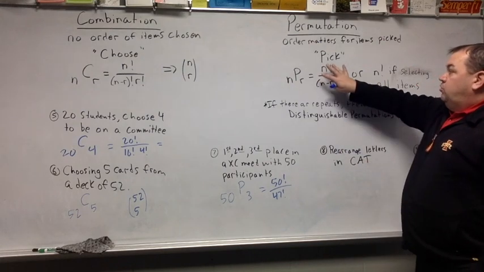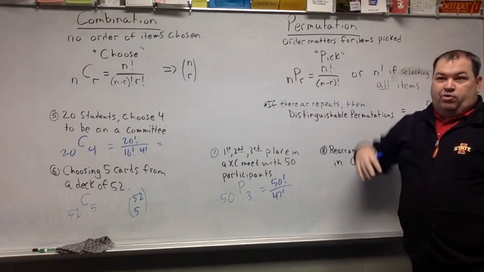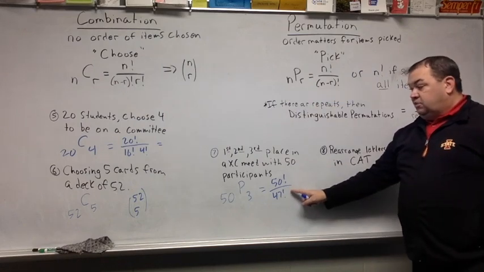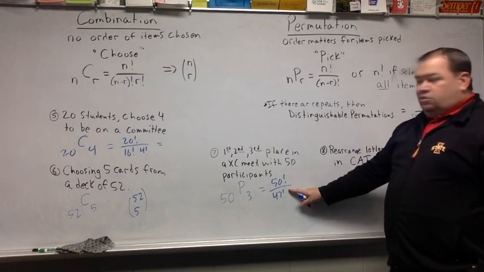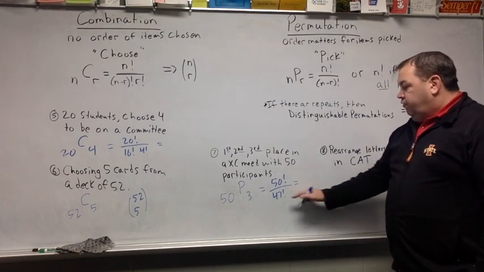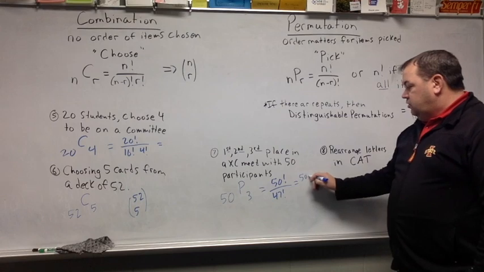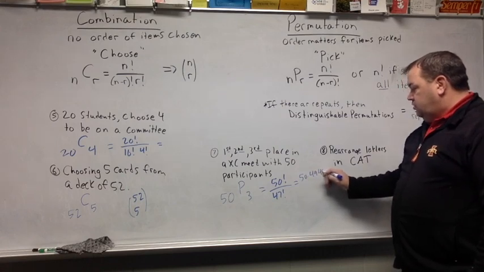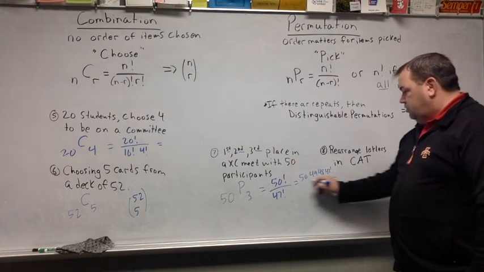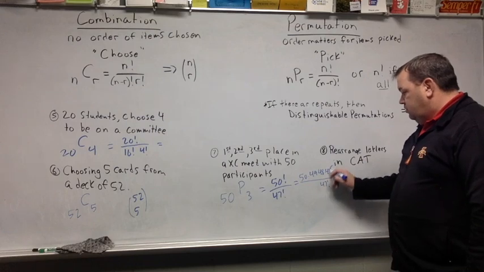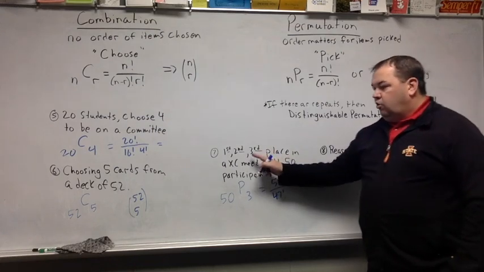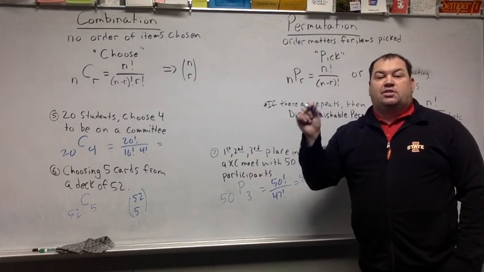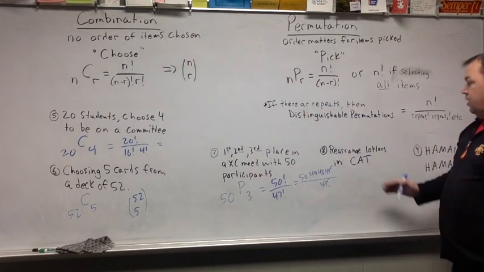So you can do this calculation, or you can have your calculator do that calculation for you, but this is what it's actually doing. Now, these are a little easier to do by hand because 47 of them are going to cancel. And whatever 50 times 49 times 48 is all the ways that I can pick first, second, and third.